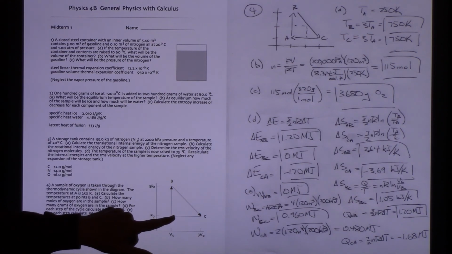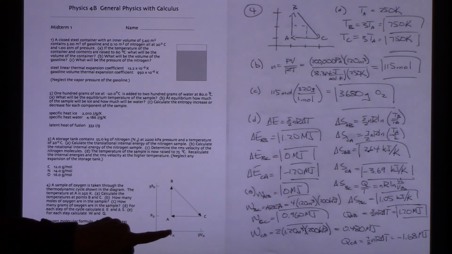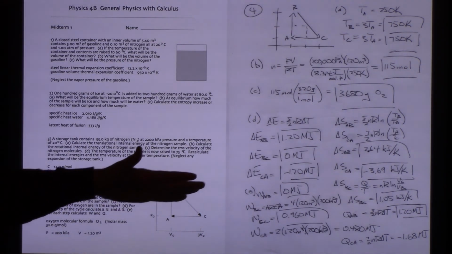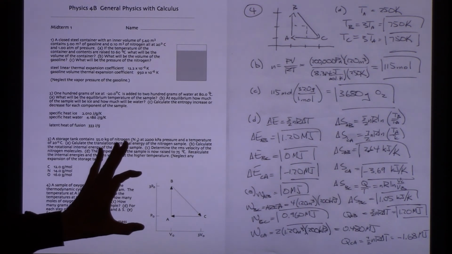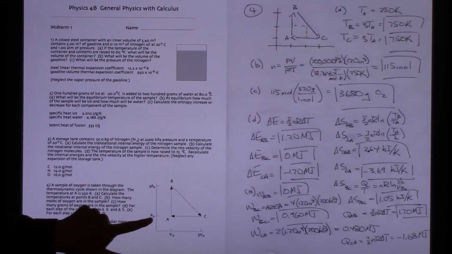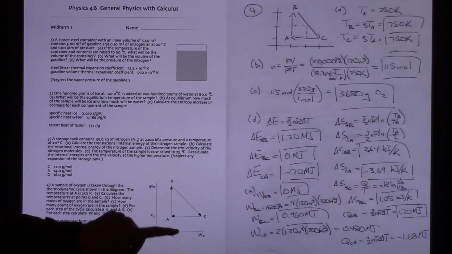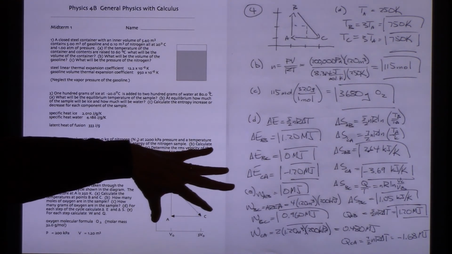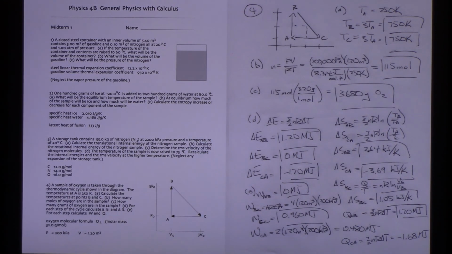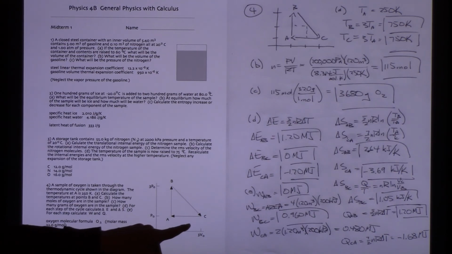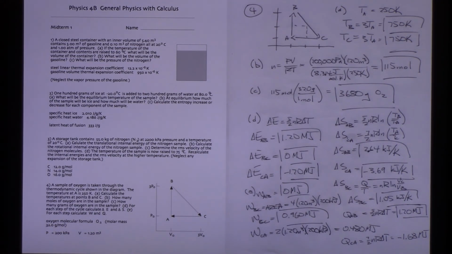If I look at C to A, the height of that rectangle is P naught, and the width is 2 volumes. And so that would be 2 P naught V naught.